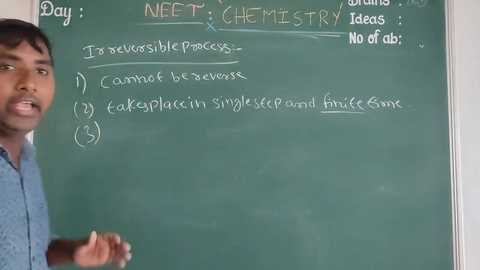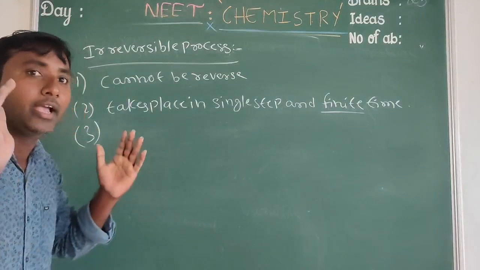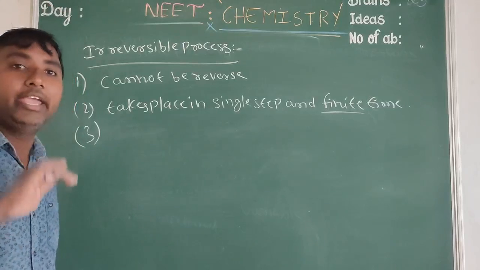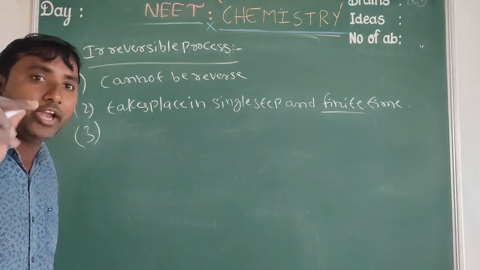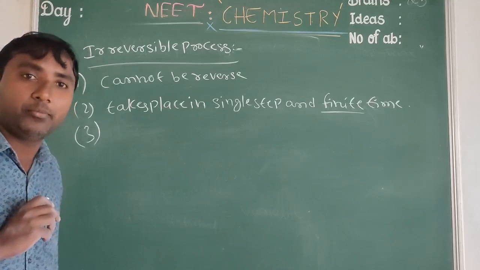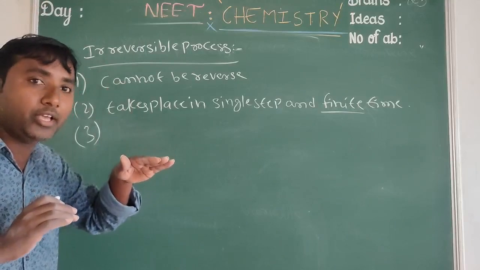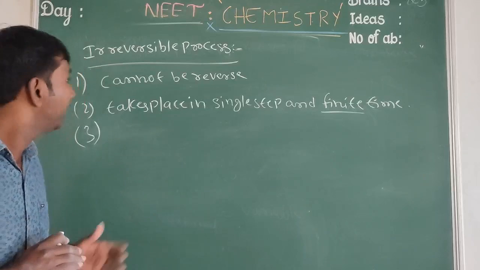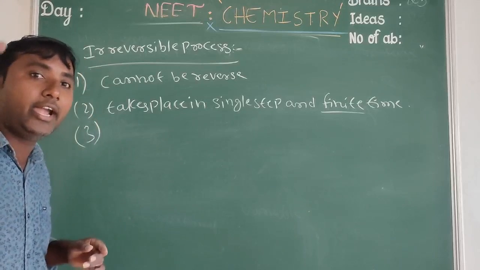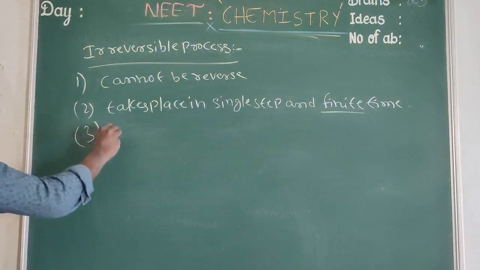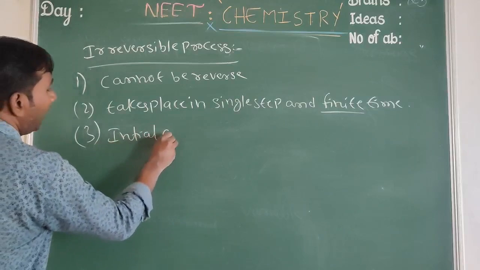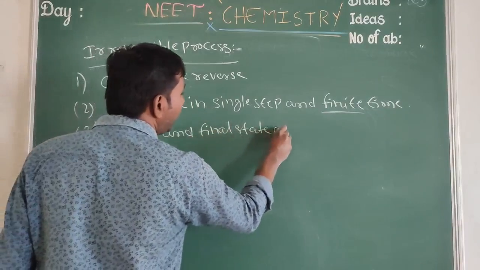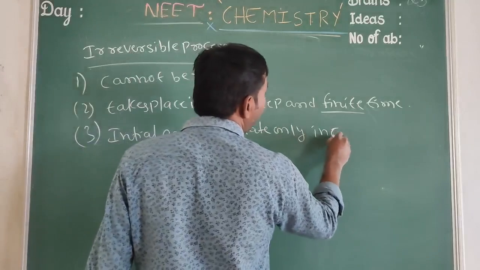Then, in an irreversible process, the initial state and final state are the only equilibrium states. In a reversible process, the overall process is virtually in equilibrium, but in an irreversible process, only the initial and final states are in equilibrium.